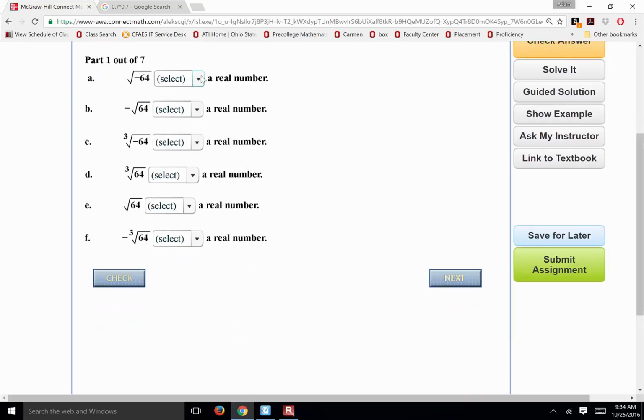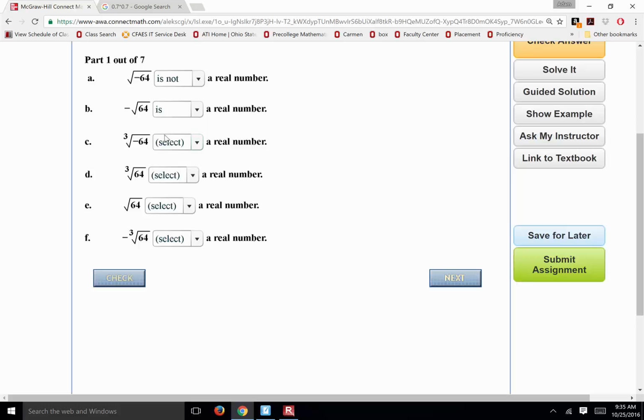Is negative 64 computable or not? Not, because this is an even index with a negative number inside. How about this? Oh, it's negative. Is or is not? Is. You sure? Yeah, we don't care about the negatives outside. We care about the negatives inside. This is positive 64 inside, so it's computable.